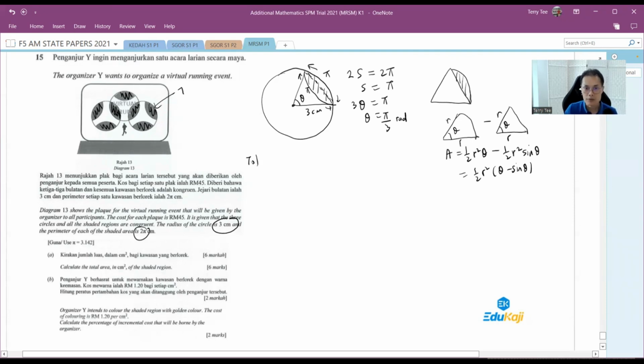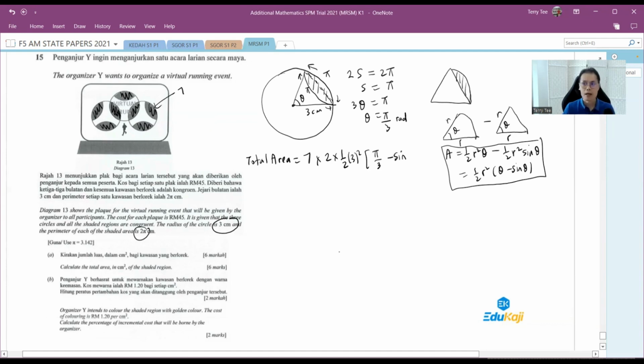So your total area will be 7 of this times 2 times the area of a segment. Now remember, the formula for area of a segment I've written here, use the second one: half r squared, theta minus sine theta. Your r in this case is 3. You square it. Your theta is pi over 3 minus sine pi over 3.